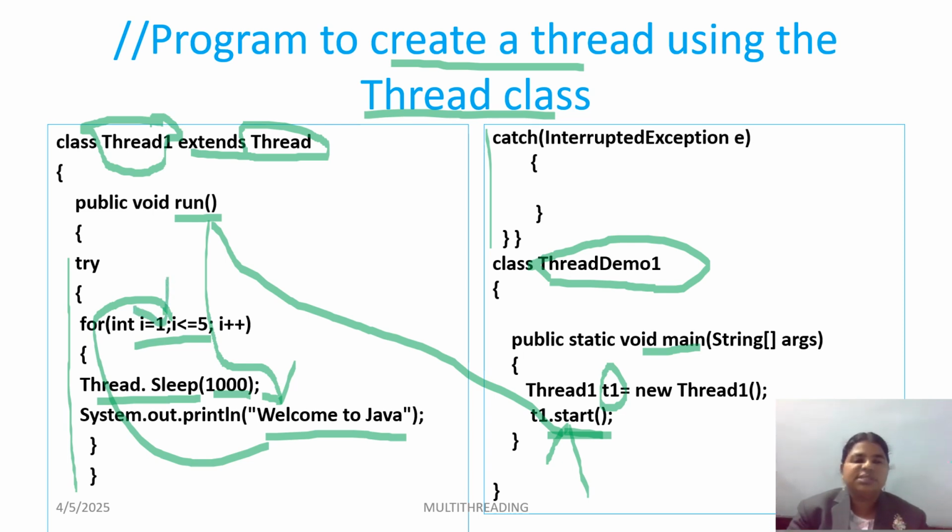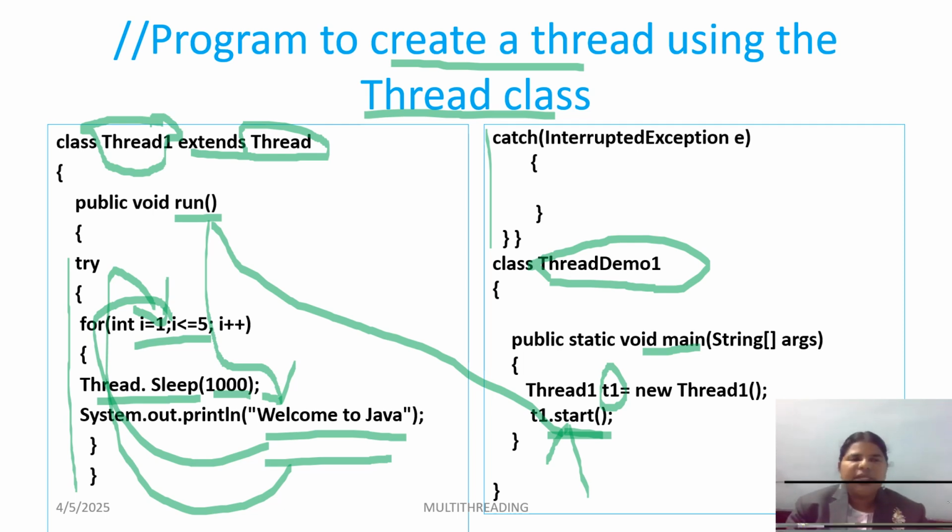After waiting for 1000 milliseconds, it prints this message, welcome to Java, the second time, and again proceeds into the loop for the third time and prints the message again on the third time. This activity continues for 5 times, and finally when it exits the loop, the program is terminated.